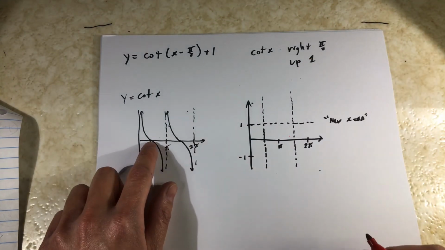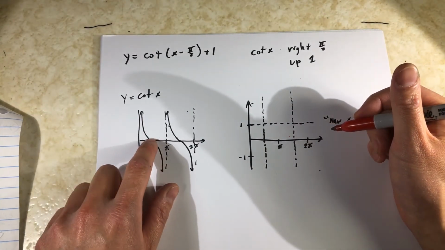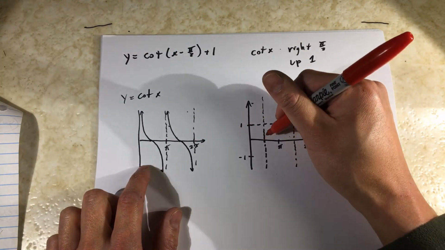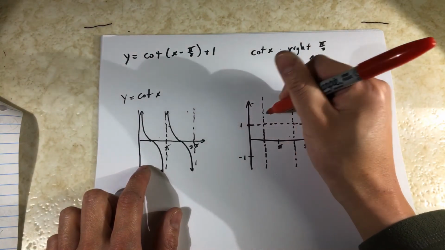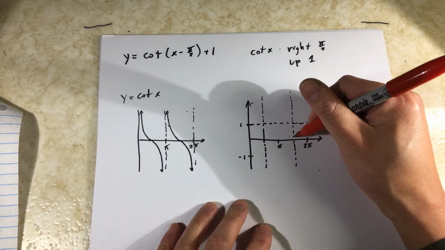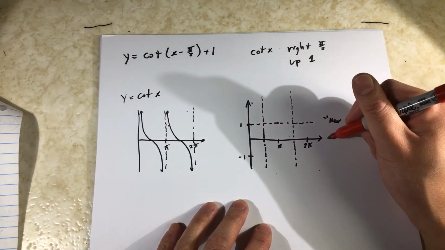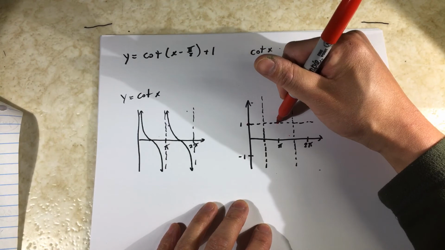So then we know we also have zeros here. Those get shifted to the right and up. So this point is going to be right there. And also this one was here. It's going to go right and up. We're going to over there. So we're going to have something that looks like this.